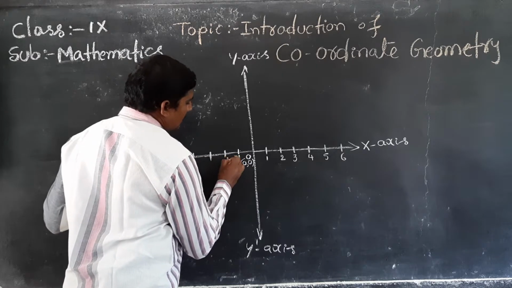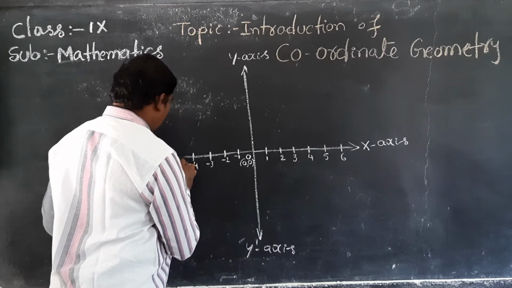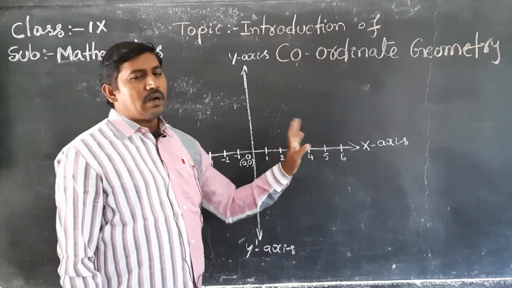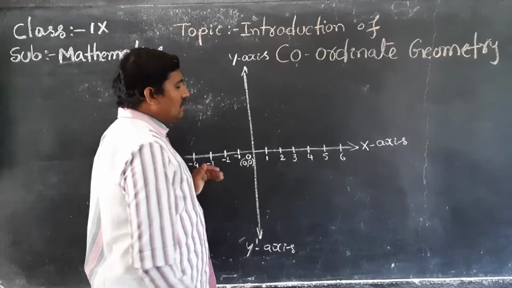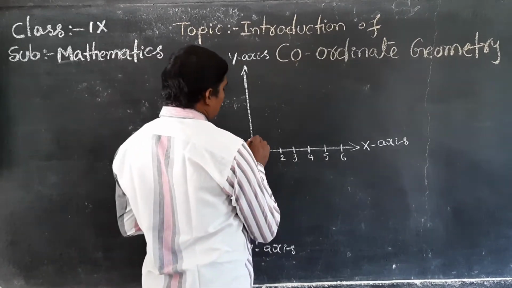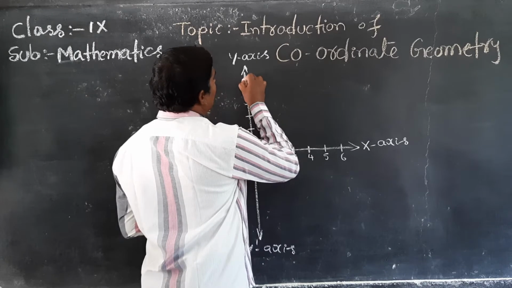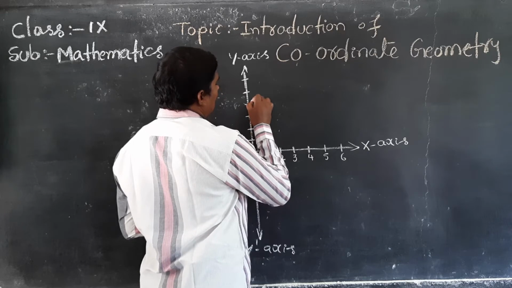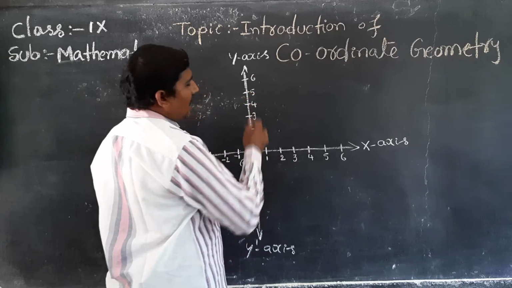Left side values mean negative values: -1, -2, -3, -4, -5, -6. Right side values are positive, left side values are negative, and here 0 is the sea level.